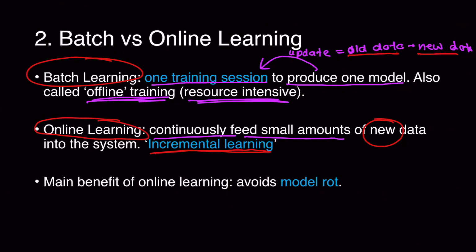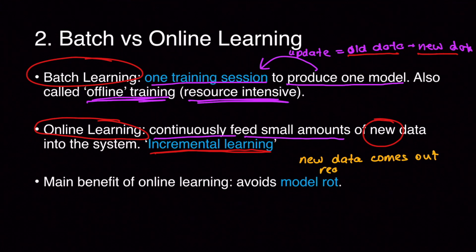The main benefit of online learning is avoiding something called model rot. We need to understand that new data comes out regularly, and we need to always be aware of this.